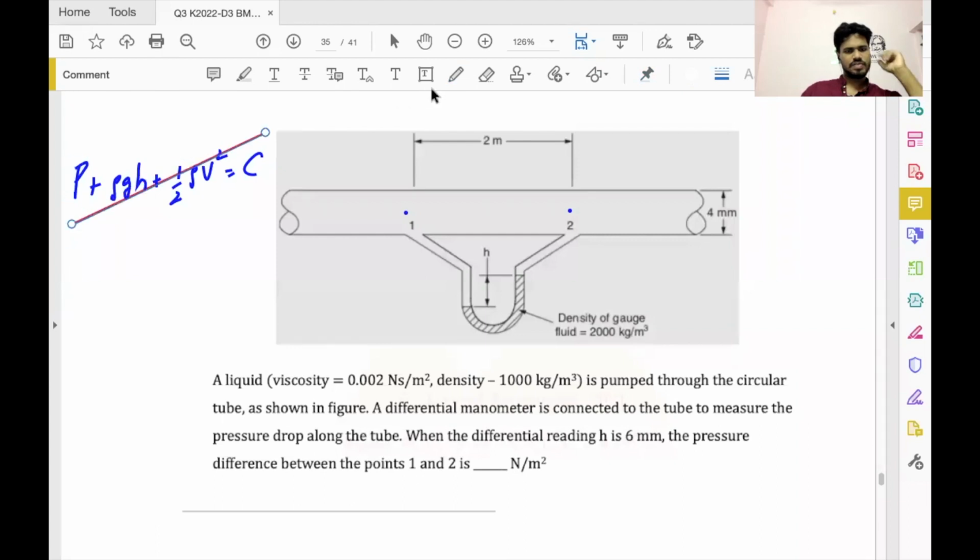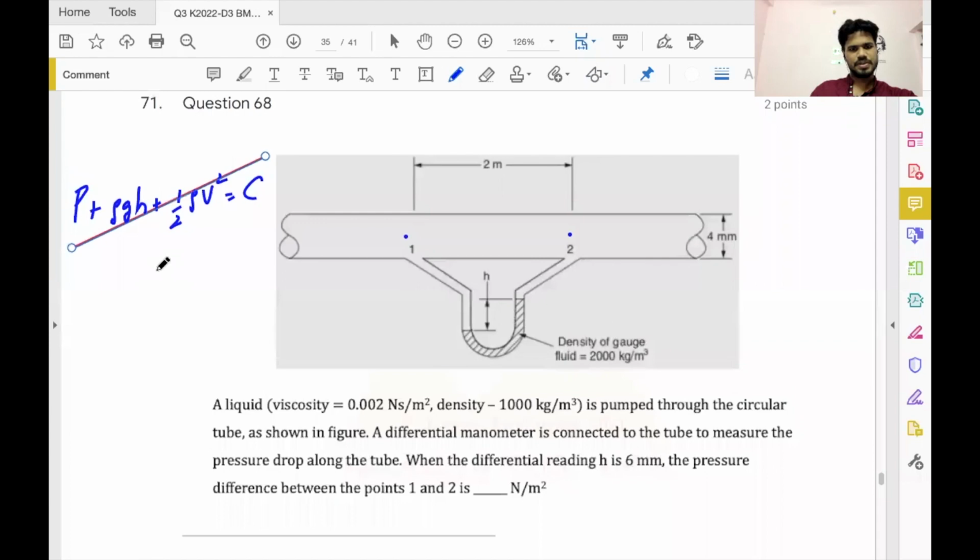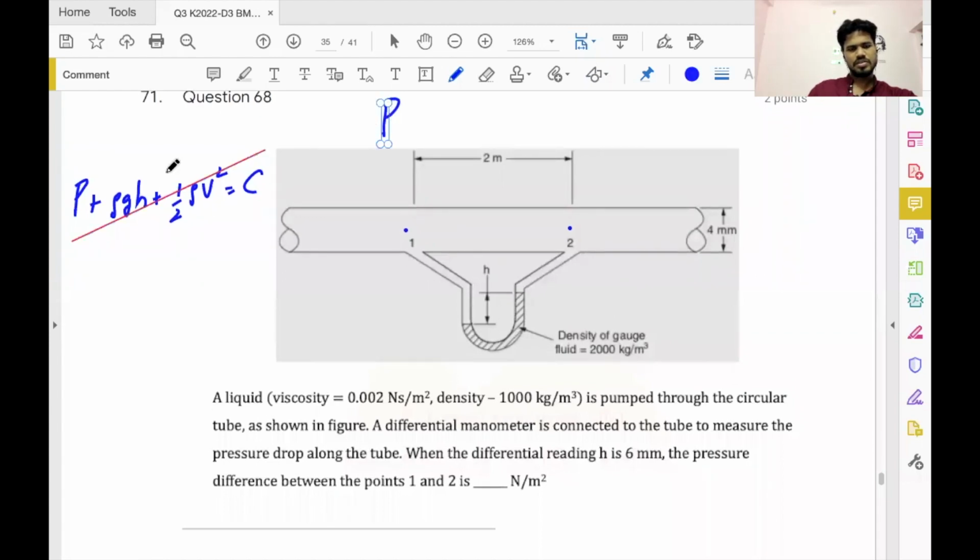This is just, we have to relate the pressures here. So remember, this rho g h is the hydrostatic component of pressure, right? We directly jump to dynamics, so we will not go into statics.